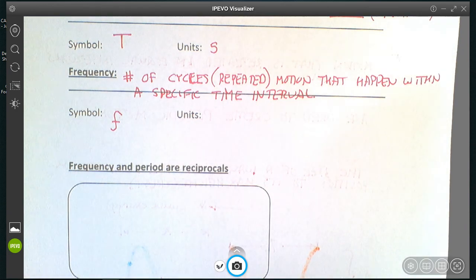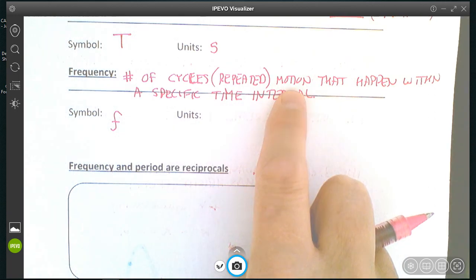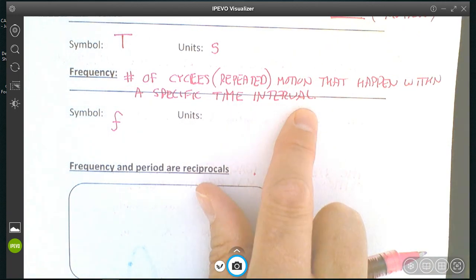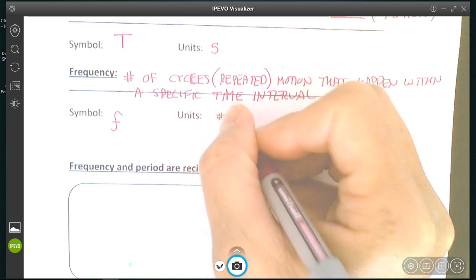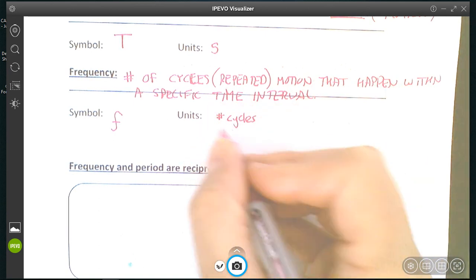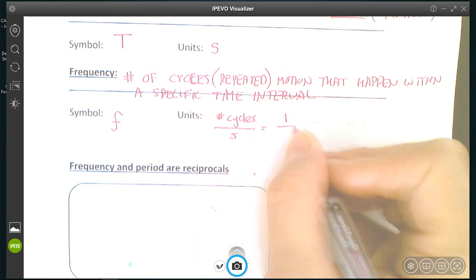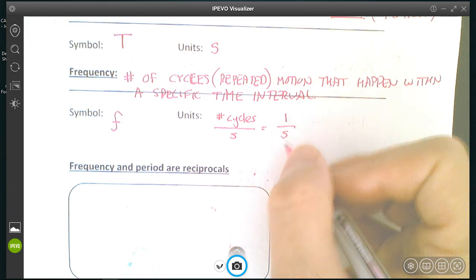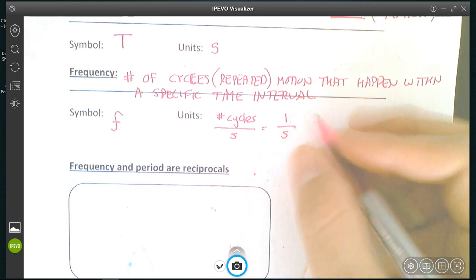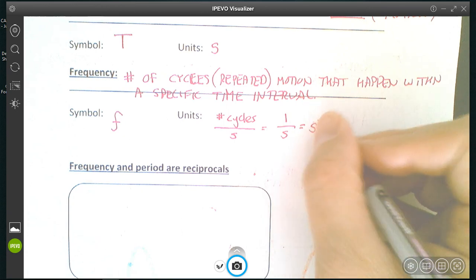Now the units are a little trickier. It says the number of cycles or repeated motion that happen within a specific time interval. So the units are number of cycles per second, which is often just, how much time does it take for one cycle per second kind of thing. So this is called inverse seconds. Another way to write inverse seconds is like that.